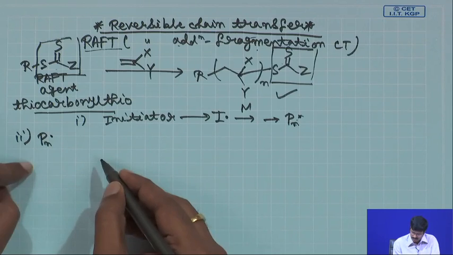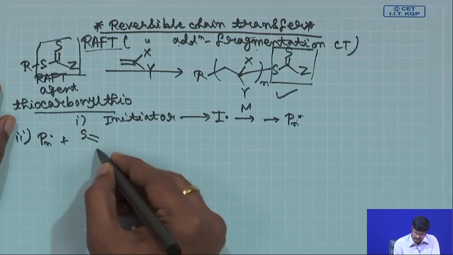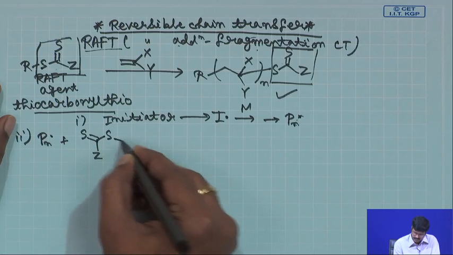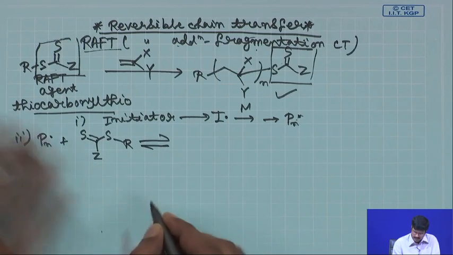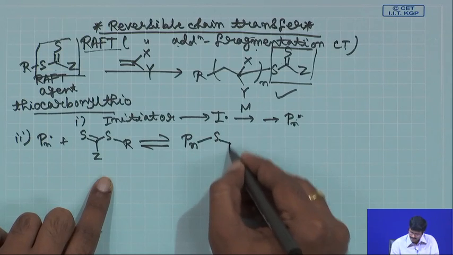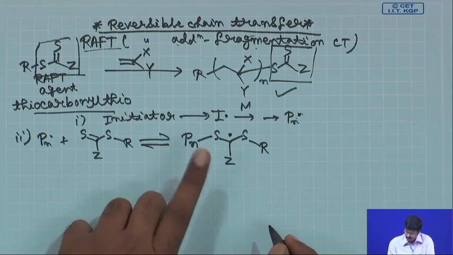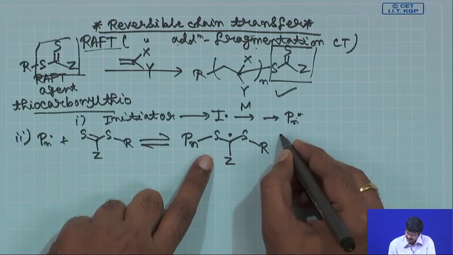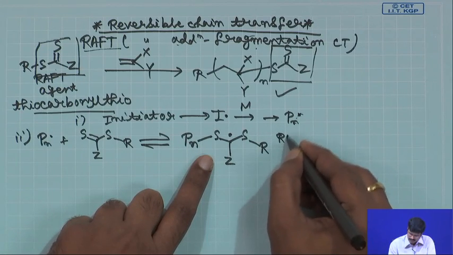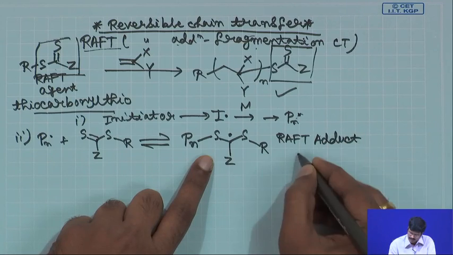So, this P n dot can react with your RAFT agent like this, and it will create P n S Z S R dot. Now, this is your RAFT adduct radical.